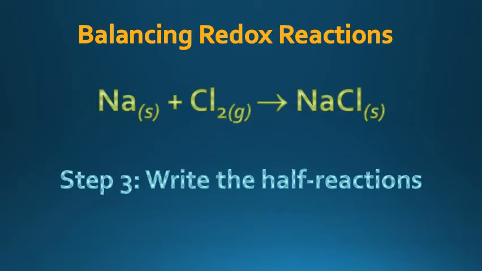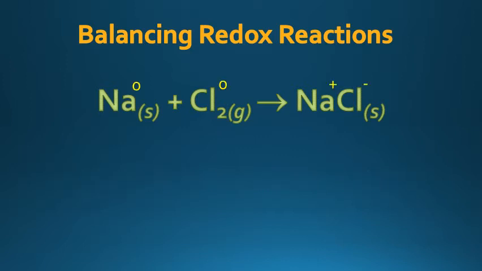The next step is to write the half reactions. So to write the half reactions, we've already identified who was oxidized and who was reduced, so let's do this. Now that we're ready to write the half reactions, oh, don't forget, you have to start off with OIL RIG. You probably still have it on your paper, but I don't, so I'm going to write OIL RIG again.